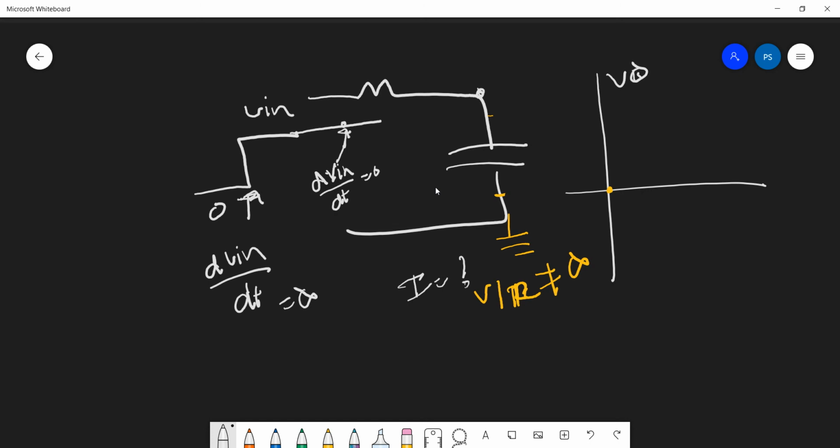It is only responding to the earlier change and settling to the final value. At very long time, the input change is 0. It means the capacitor will now charge and finally settle to the input voltage. At infinity, you can expect the voltage equal to V in. Okay, fine, so this is how it works.